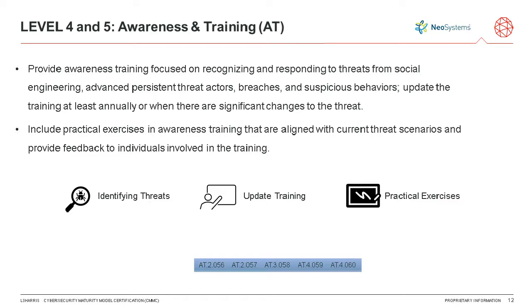Also making sure that training is updated at least annually, as called out. That's an important point that can sometimes catch organizations, right? If you're requiring training of your entire base that you need to be able to demonstrate, you better start that early, right?